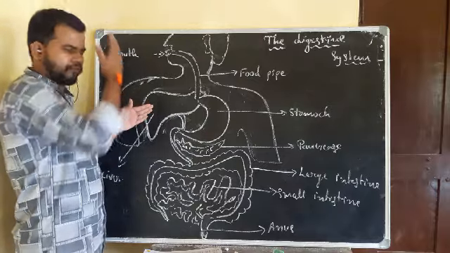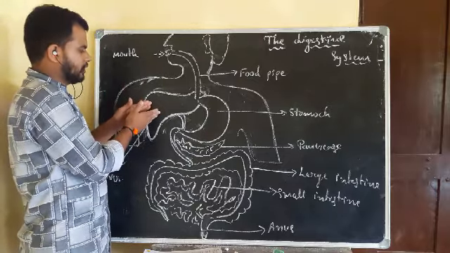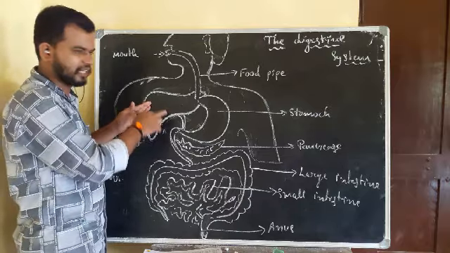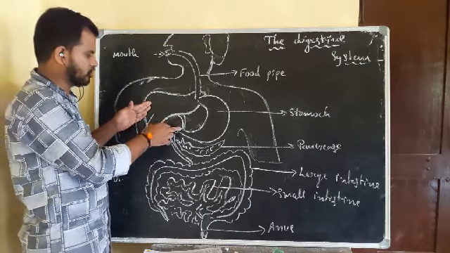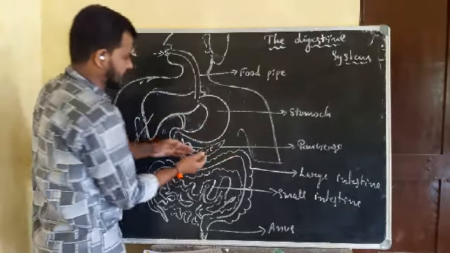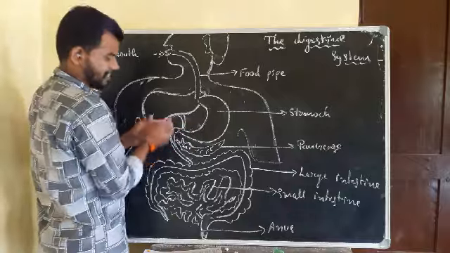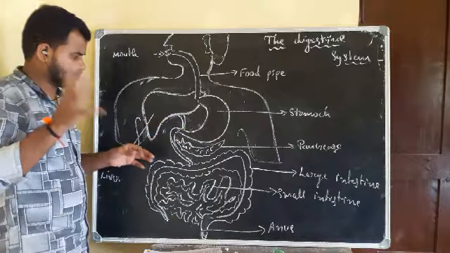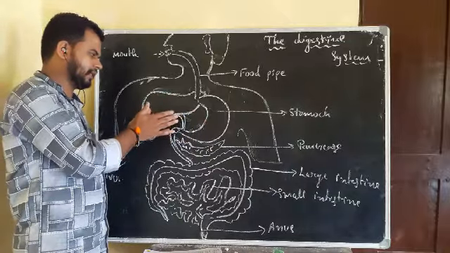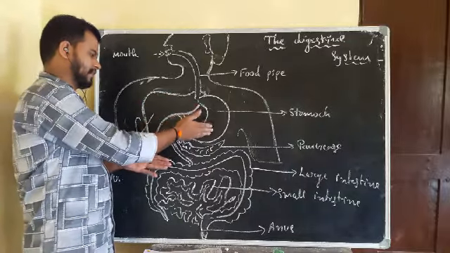This is the largest organ of our body, and it secretes bile, that is the digestive juice. It releases it to the stomach. And next is the pancreas. The pancreas also releases digestive juices to the stomach and they mix very well. Digestion is completed. 90% of digestion takes place here.